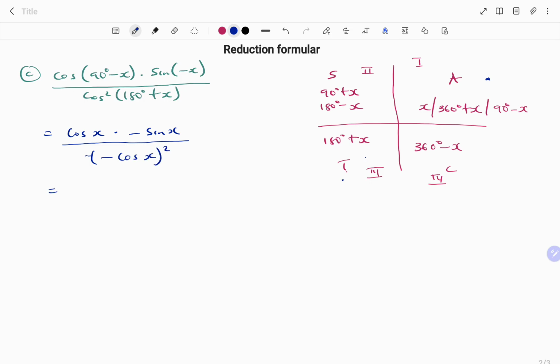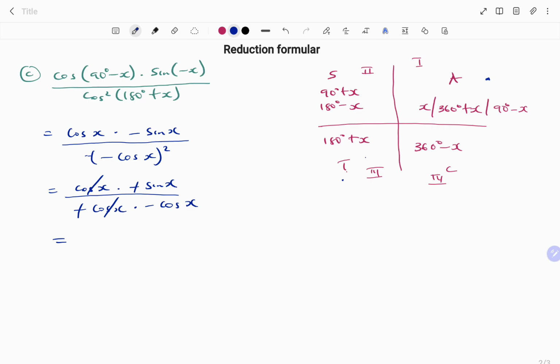If we simplify, this is going to be cos x times minus sin x over minus cos x times minus cos x, which is the same as cos² x. The minus signs cancel each other.